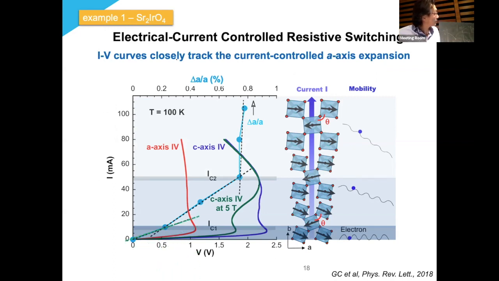So let me highlight this here. We argue this might be one of the main reasons that we are having this type of behavior. And then more generally, when the structure is getting more relaxed, of course, the electrons get more mobile, so therefore resistivity drops, and so on and so forth.